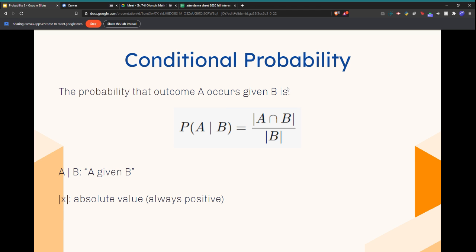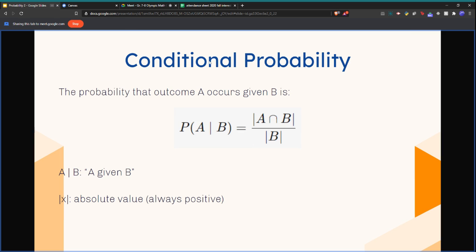Oh, it's the wrong slide, sorry, guys. Okay, here you go. Conditional probability is the probability of A given B. We write A, a vertical dash, then B, so A | B represents A given B. So it's the probability that A happens given that B has to happen.